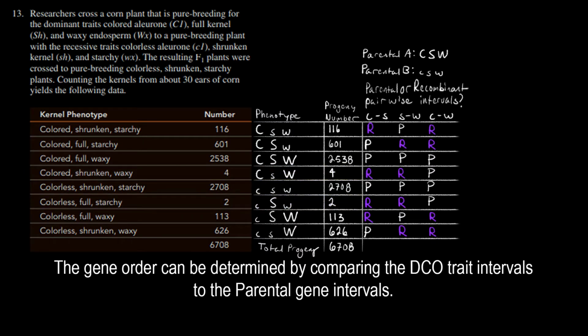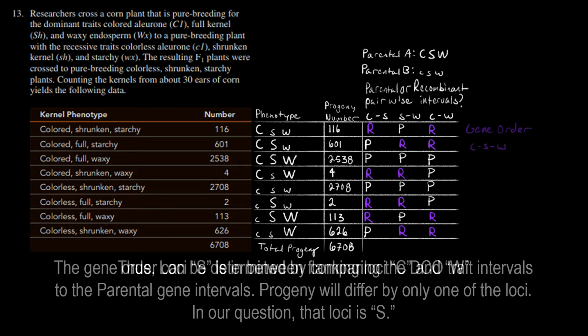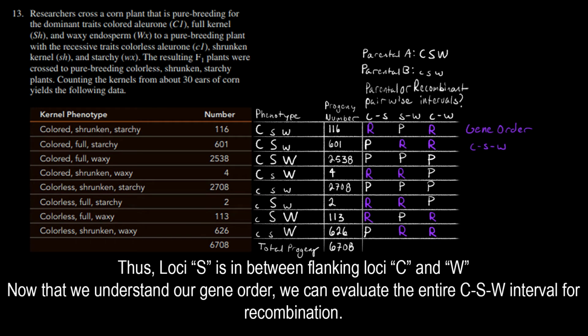The gene order can be determined by comparing the DCO trait intervals to the parental gene intervals. Progeny will differ by only one of the loci. In our question, that locus is S. Thus, locus S is in between flanking loci C and W. Now that we understand our gene order, we can evaluate the entire C-W interval for recombination frequencies.